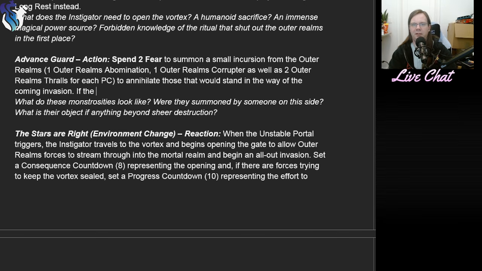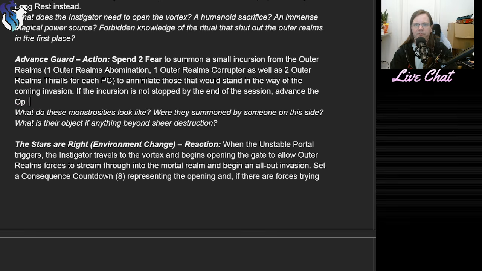If the incursion is not stopped by the end of the session, advance the Opening the Way countdown by 2, 3, 3. Right, it gets a third faster.